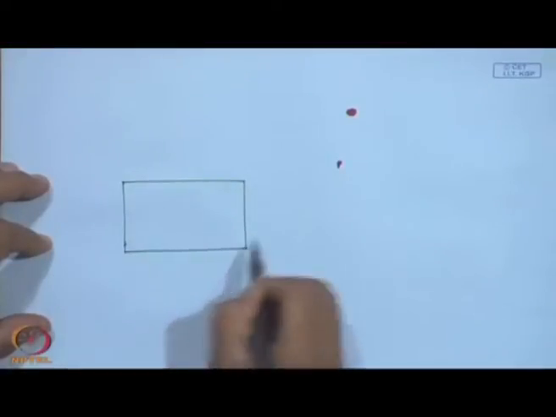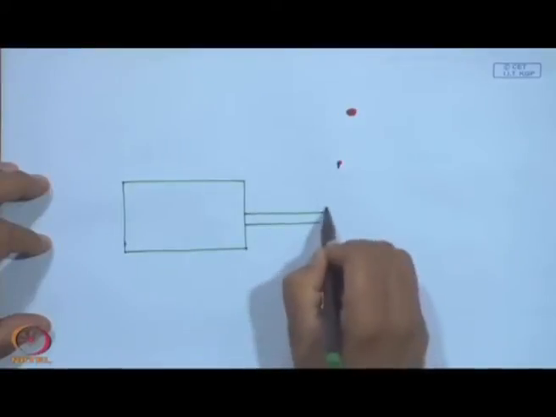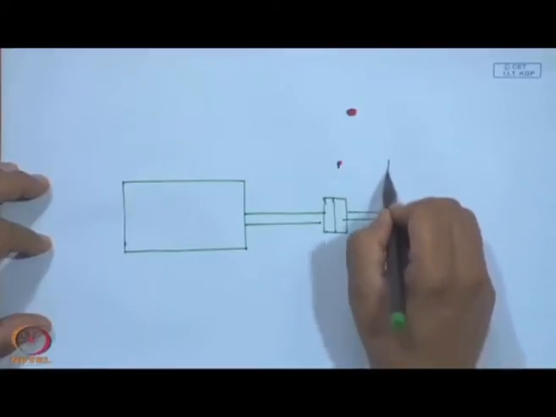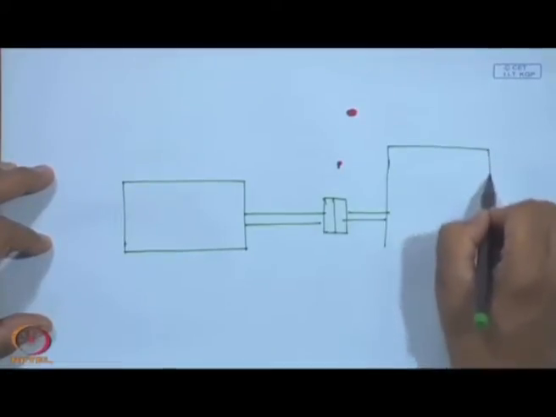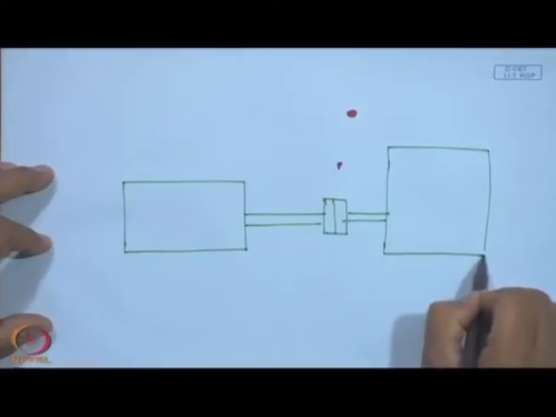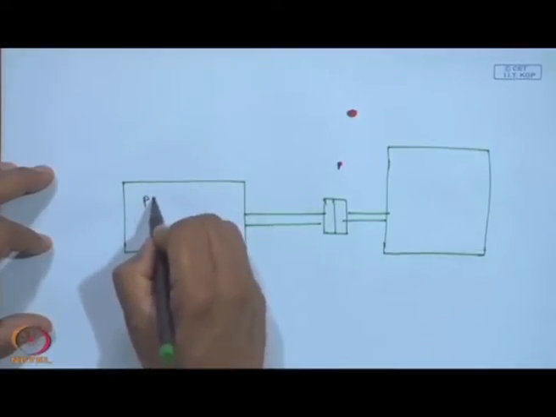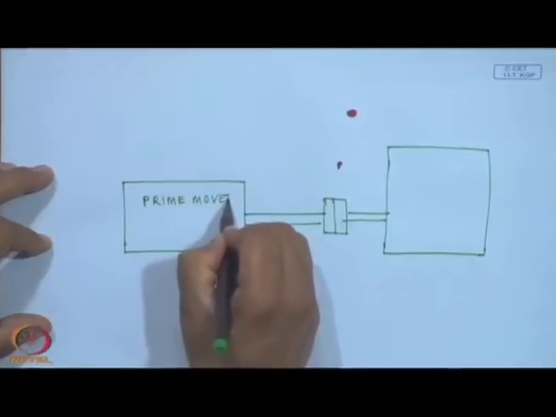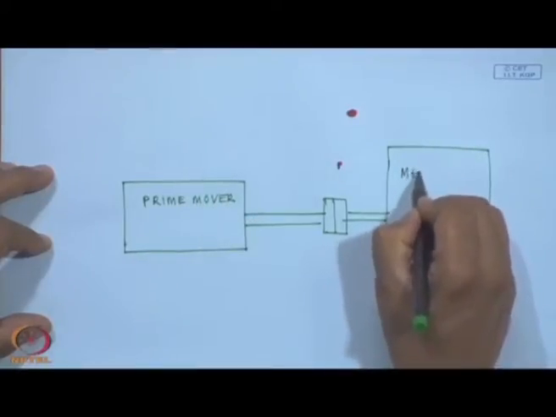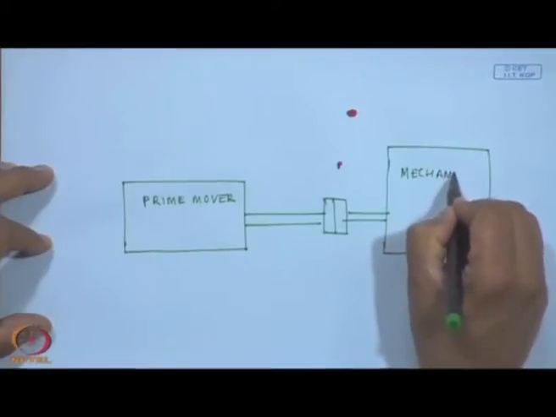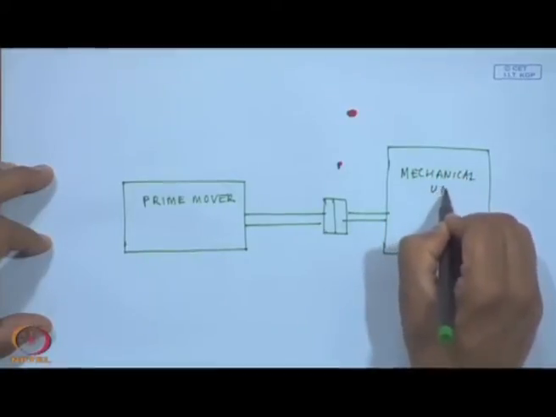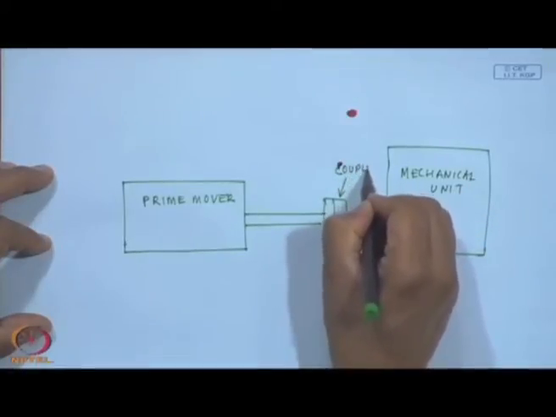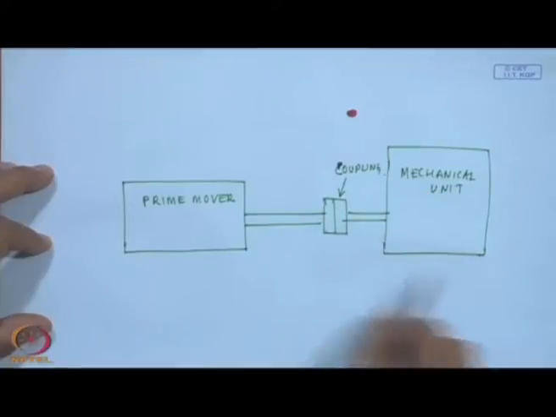this is how the configuration is. So, this is the prime mover, this is the mechanical unit, and this is usually a coupling. Okay.